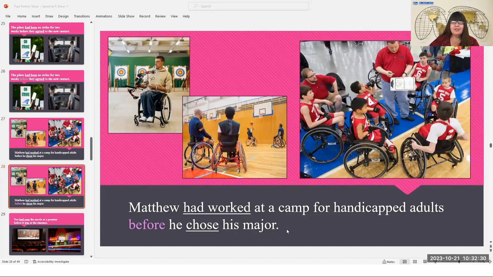The major is what you study, and that is the area you want to work in. So he chose a major that would allow him to work with children in a school, teaching them sports and coaching. And so then that was what his career was in. Matthew had worked at a camp for handicapped adults before he chose his major.